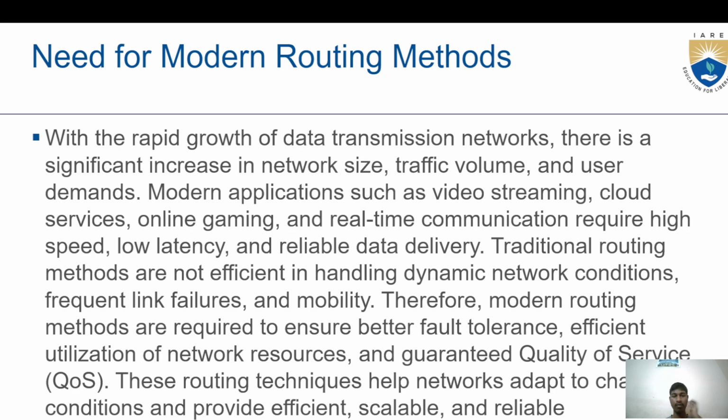So instead of that, we need to use modern routing methods, which help video streaming with high speed, low latency, and reliable data delivery. This is the need for it.